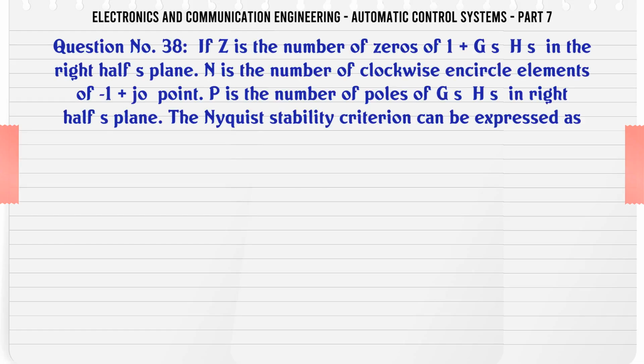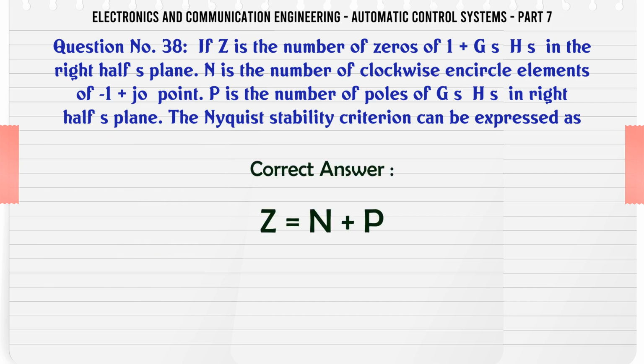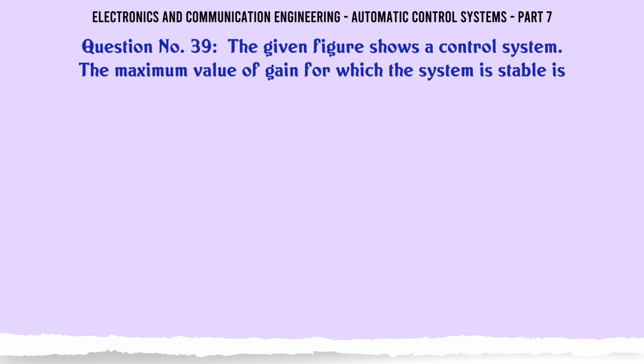If Z is the number of zeros of 1 + G(s)H(s) in the right half S plane, N is the number of clockwise encirclements of the -1 + j0 point, P is the number of poles of G(s)H(s) in right half S plane, the Nyquist stability criterion can be expressed as A. Z = N - P, B. Z = P - N, C. Z = N + P, D. Z = P + N. The correct answer is Z = N + P. The given figure shows a control system.